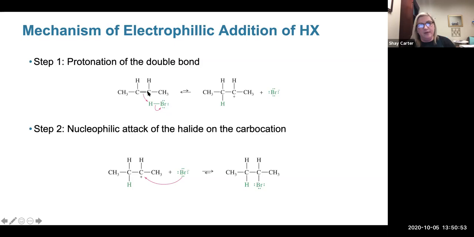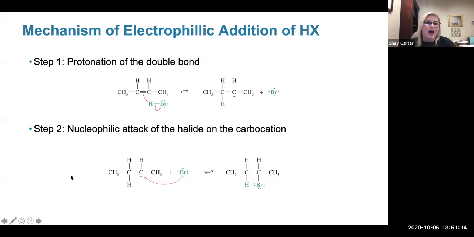If this carbon had a carbon here, and this was carbon, carbon, our carbocation would form on this carbon, and the carbon that already had the most number of hydrogens would gain the hydrogen.